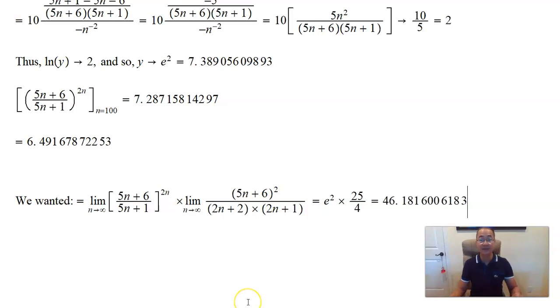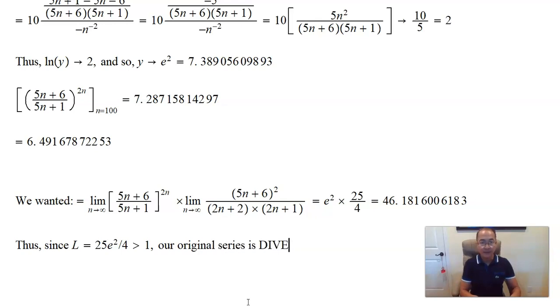It is definitely bigger than 1. All right. So thus, since L equals 25e squared over 4 is bigger than 1, our original series is divergent, like part B of the ratio test.